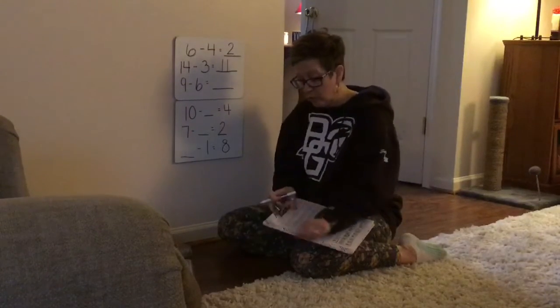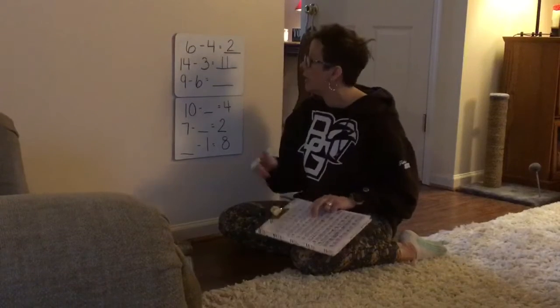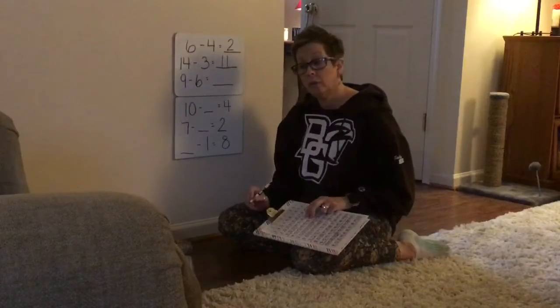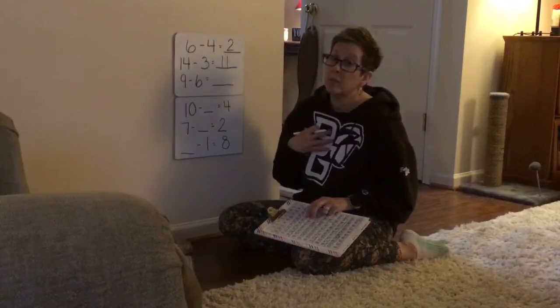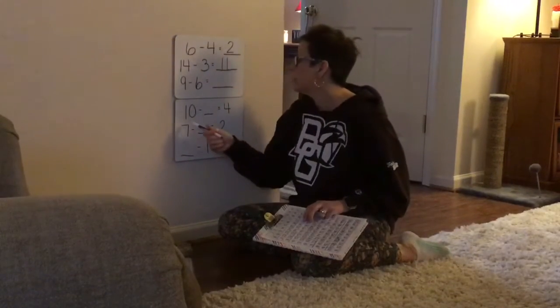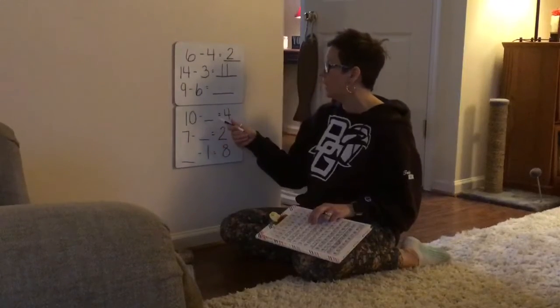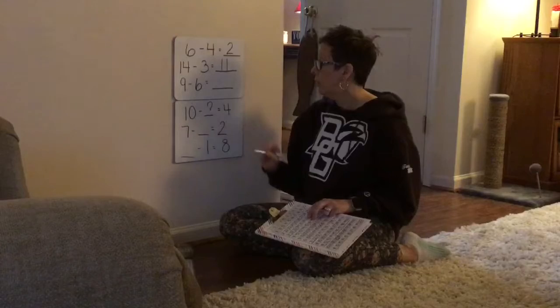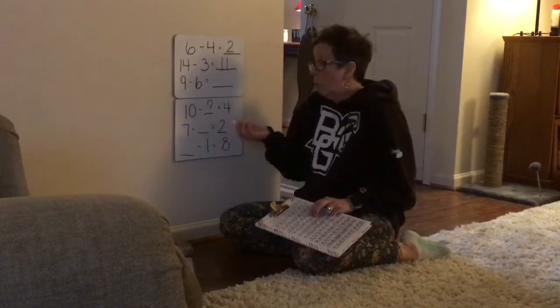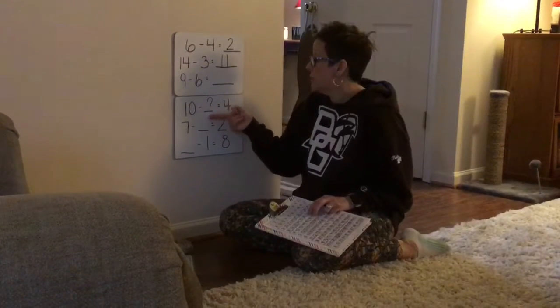Now we're getting a little bit trickier. I know we've done this in class, but we're going to review a little bit because we all need practice. Even Mrs. Davis needs practice. So here we have 10 minus blank equals 4. We need to figure out that unknown. What's missing?